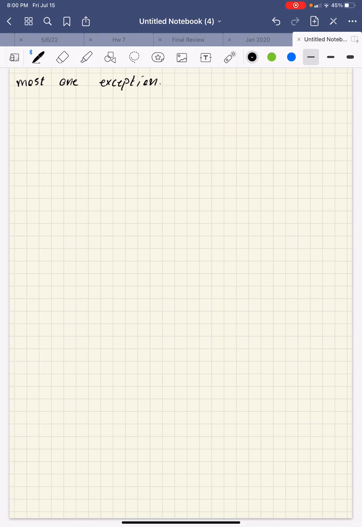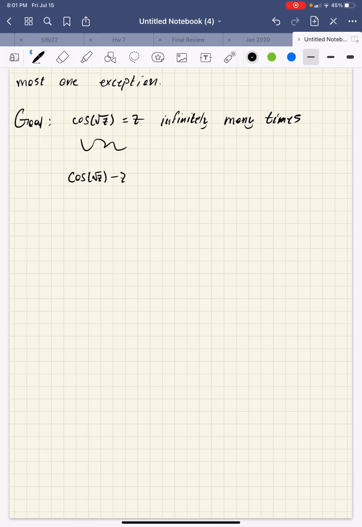So what do we have to do to finish this proof off? Our original goal was to show that cosine square root of z equals z infinitely many times, or equivalently, cosine square root of z minus z equals 0 infinitely many times.